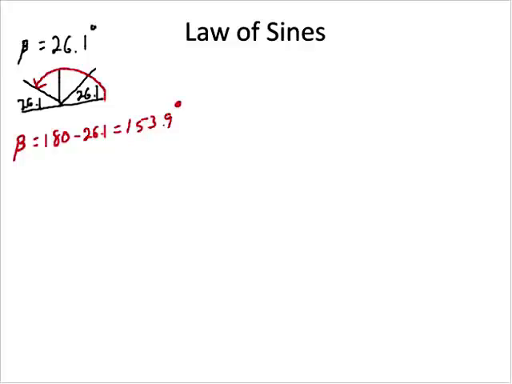Now in the previous example, when we added the angle they gave me plus this second angle, it added up to more than 180 degrees. Well, it doesn't in this case. So now I can find angle gamma by saying 180 minus angle alpha, which was 20 degrees, minus angle beta, which I now say is 153.9 degrees, and my new gamma will be 6.1 degrees.